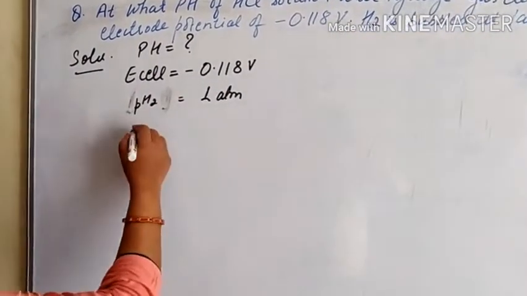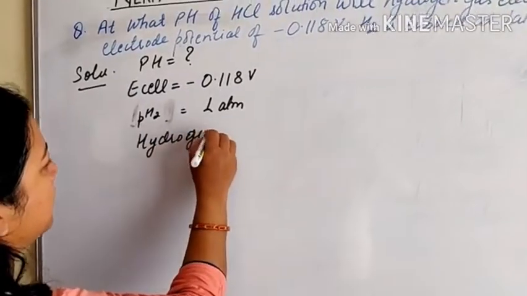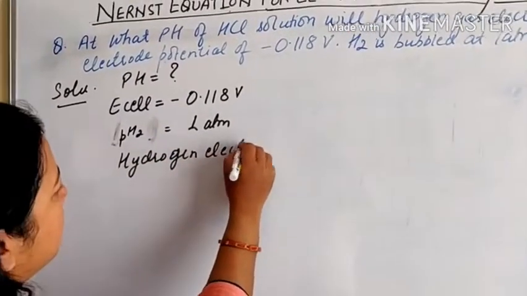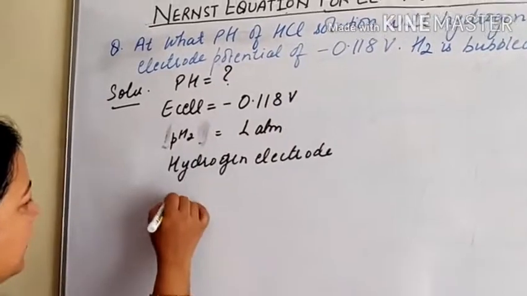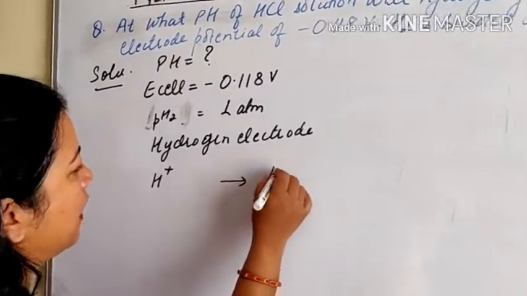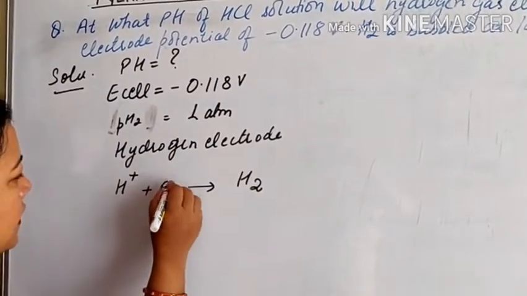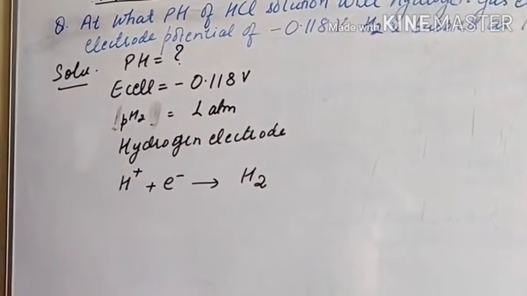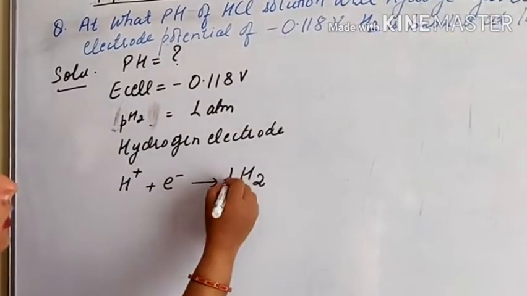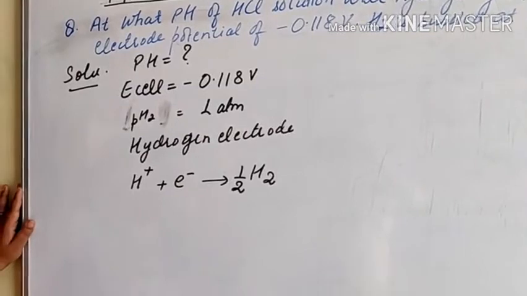Now for the hydrogen electrode, the half reaction can be written as hydrogen ions are reduced to hydrogen gas. So we can write the equation as H+ by accepting an electron changes into half H2. So this is how the equation can be written.